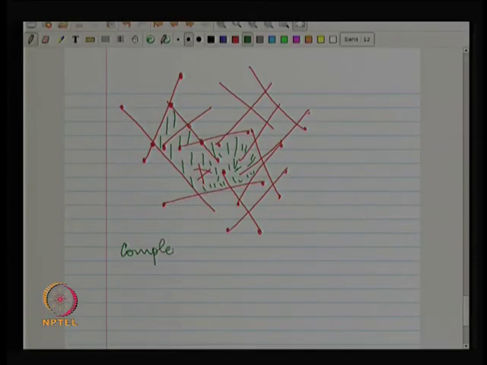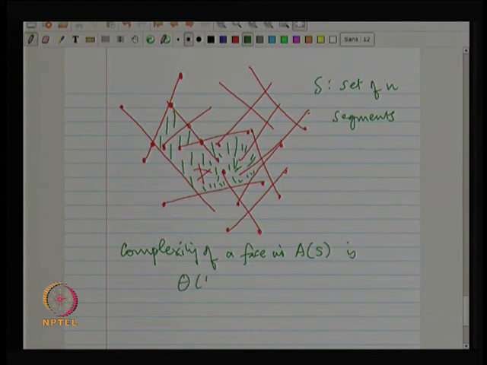and that baffled people for a long time. It turns out that it is near linear, but it is not linear. So, the complexity of a face, let us say S is a set of n segments, is theta of n alpha(n), where alpha(n) is the inverse Ackermann function.